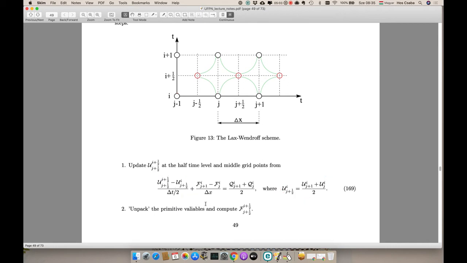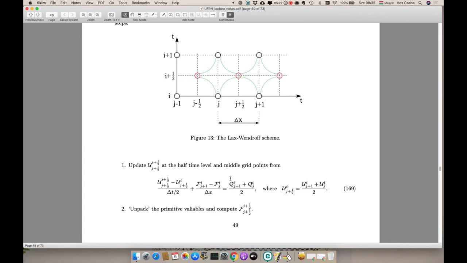The flux vectors are centered at the half time level here. So this is a center difference at this point for the flux vector here, and then the source terms are averaged here.